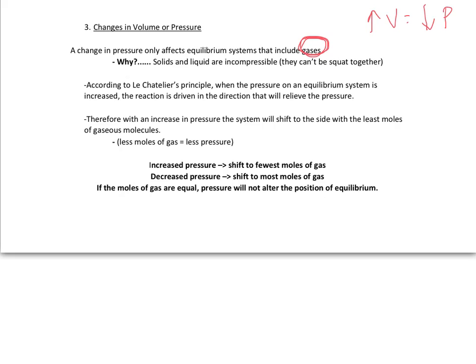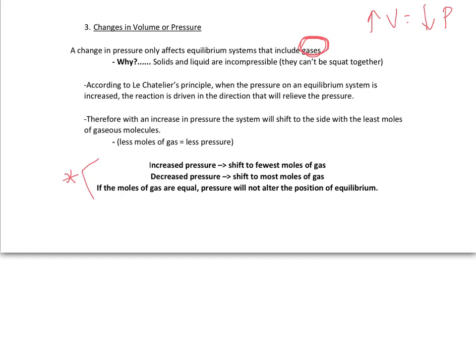Therefore, an increase in pressure, for example, will shift to the side with the least moles of gas. Why? Because if you increase the pressure of the system, according to Le Chatelier's principle, the equilibrium will shift to cause a decrease in pressure, and less pressure will be present on the side with fewer moles of gas. Therefore, if you increase the pressure, the system will shift to the side with the fewer moles of gas.